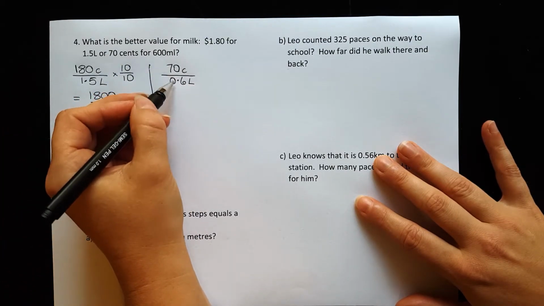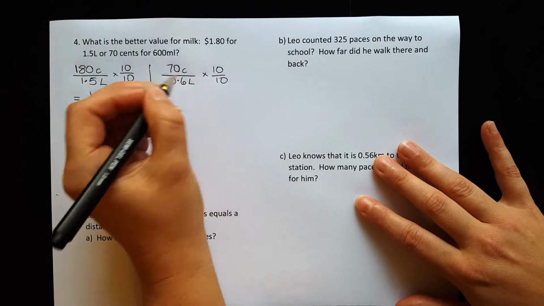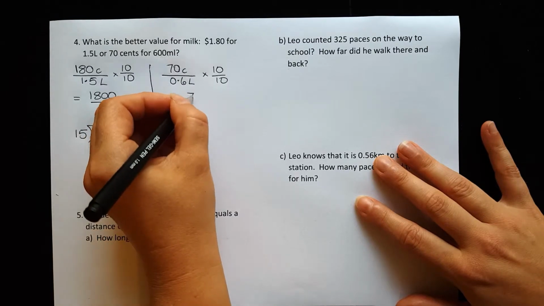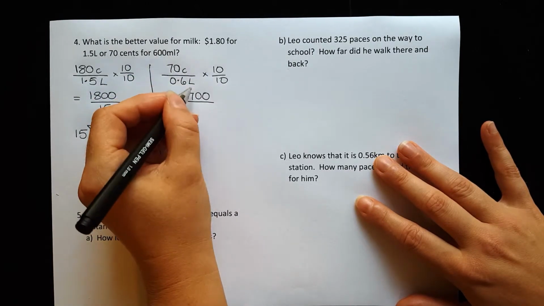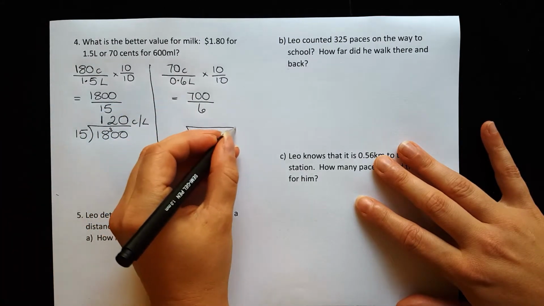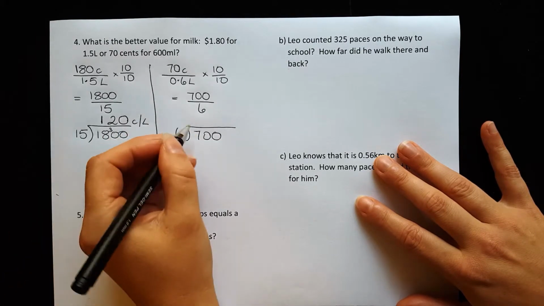Okay, again to divide these, I'm going to have to times by 10 over 10 to move that decimal point across, which will give me 700 on the top. Times this by 10 will give me 6 on the bottom. Okay, now for the divide sign, 700 divided by 6.